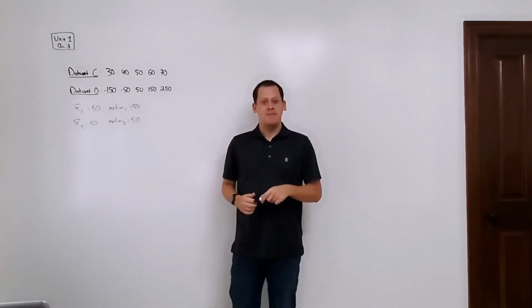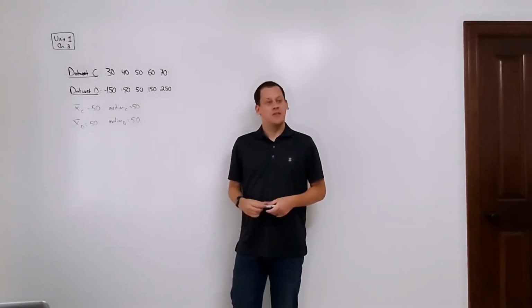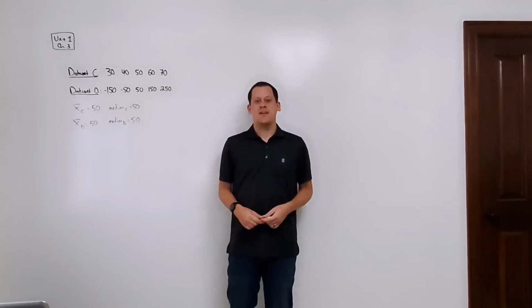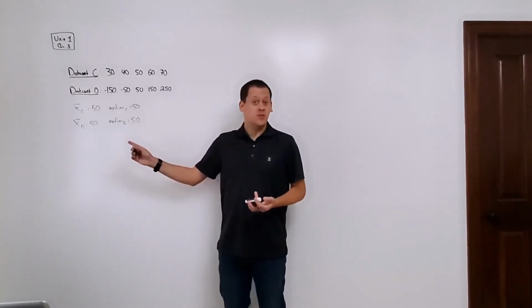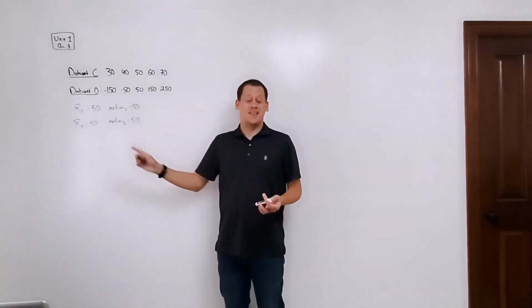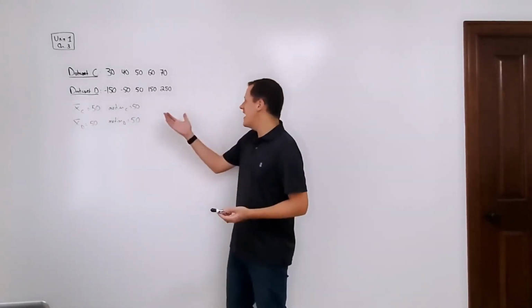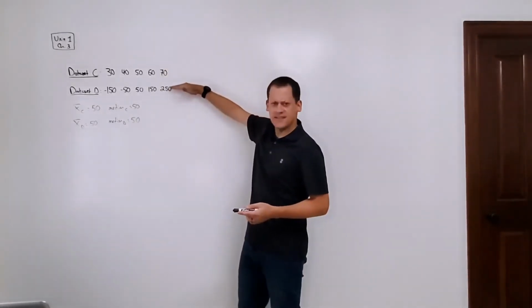The mean and median of both data sets is 50. So let's pretend that the only way we knew how to describe a distribution was describing its center. It doesn't matter which measure of center we use, it appears these data sets are exactly the same. But clearly they're not the same, right? How would you describe the difference between these data sets?